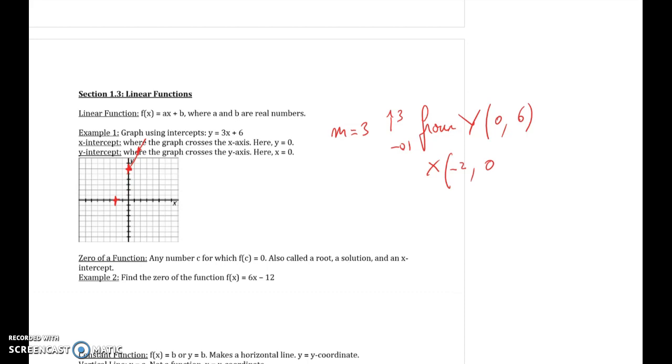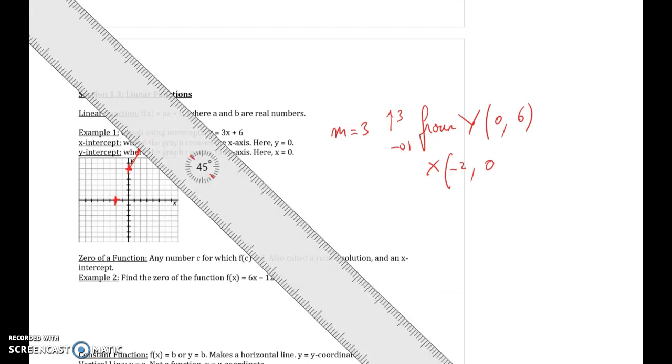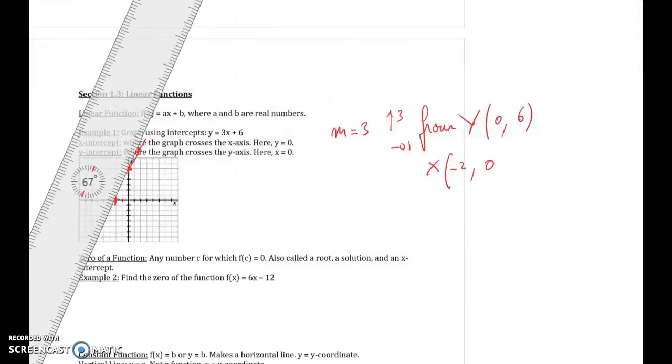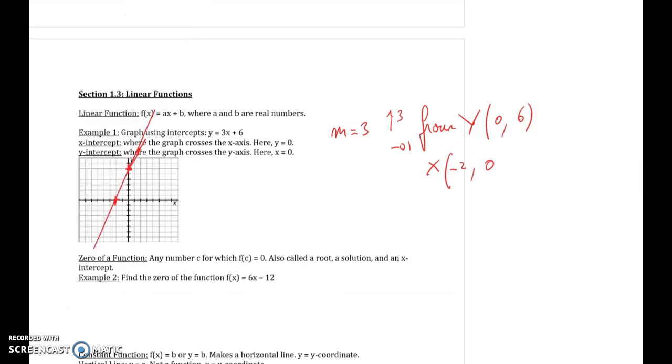And so if I want to graph my line, I can do that. Okay, all right. Take off the ruler. There we go.